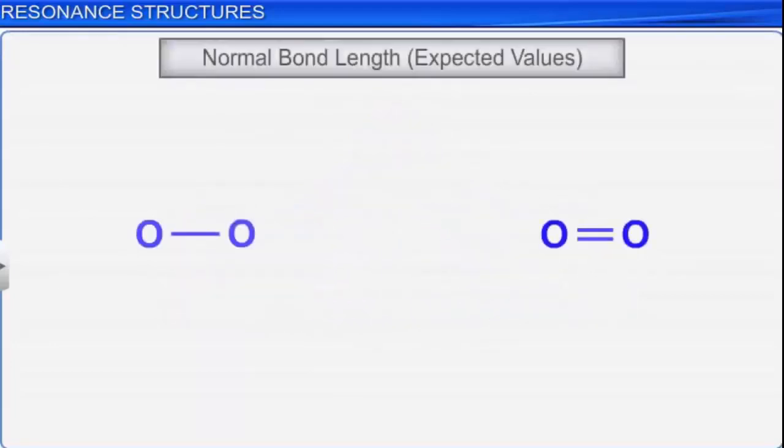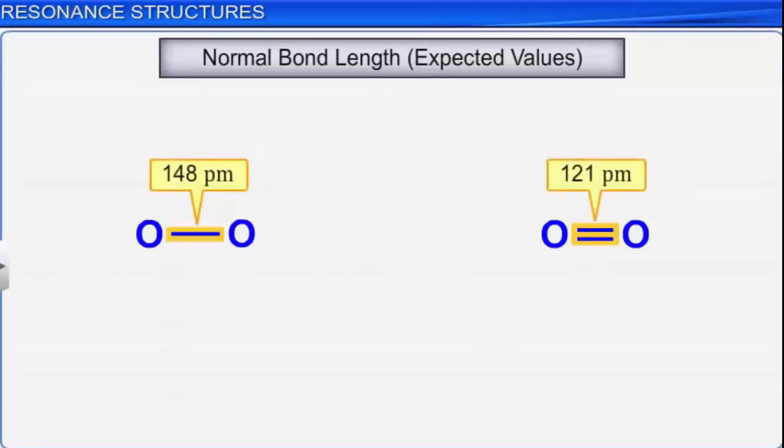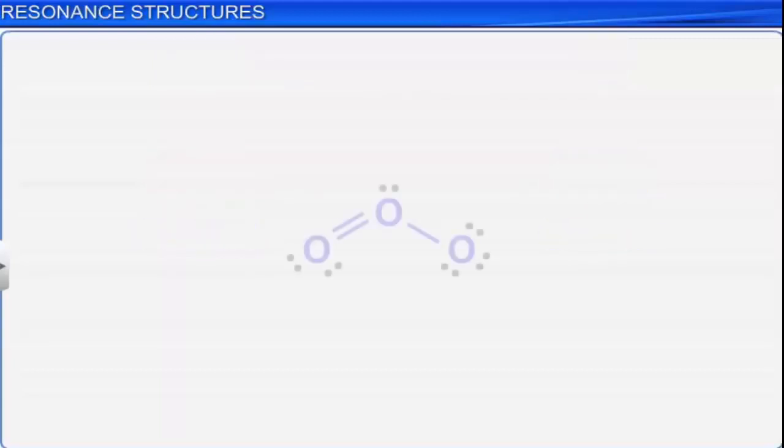The normal bond lengths of an oxygen-oxygen single bond and an oxygen-oxygen double bond are 148 picometers and 121 picometers respectively. But experimentally, it is determined that the bond length between any two oxygen atoms in the ozone molecule is the same, which is equal to 128 picometers.